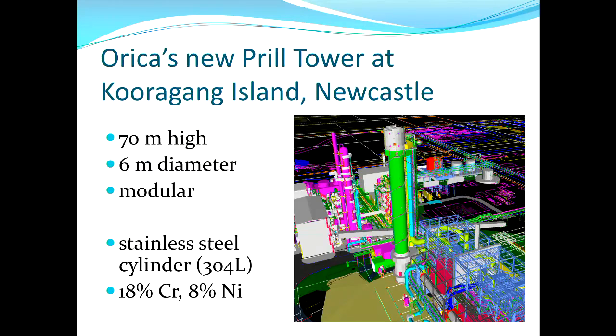Well, Orica decided to pursue this idea and construct a modular prill tower for their existing ammonium nitrate factory in Newcastle, Kooragang Island, just out of Newcastle.